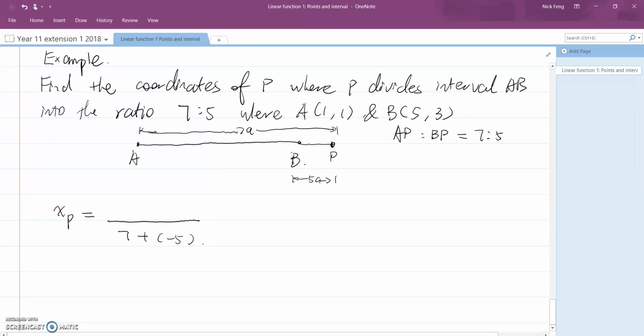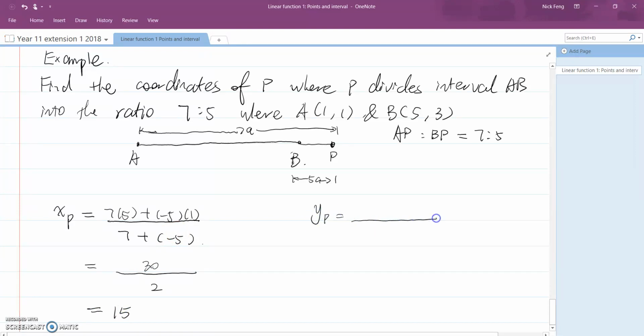However, I tend to make the smaller number negative because it's easier to calculate. And with 7 plus negative 5, putting the numbers in, as I said, instead of x1, x2, now it becomes x2, x1. The bottom is just 2. And the top is 35 minus 5, 30, so 15.